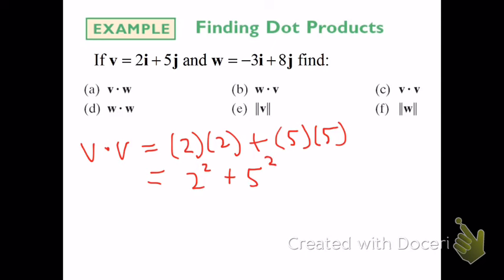Which we've been using a lot to find magnitudes by doing that sum of the squares and taking the square root. So let's solve this over here. This is going to be 4 plus 25, which is 29.